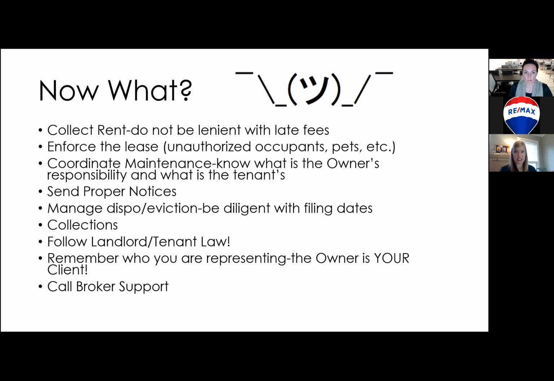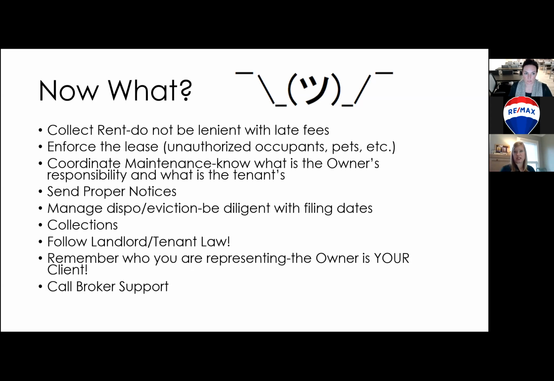I mean, silly as it sounds, it's always best practice to enforce the lease. Plus it makes it easier on you, because you can just say, here it is in black and white, this is what you agreed to. I don't know what argument you have. So collect that rent. Do not be lenient with late fees. They signed off agreeing to the terms of the lease, so you just remind them about that.